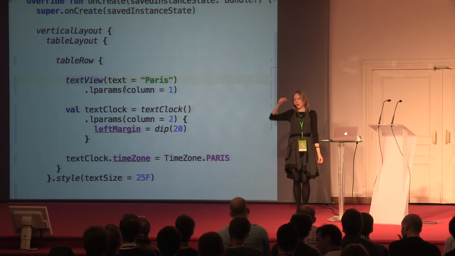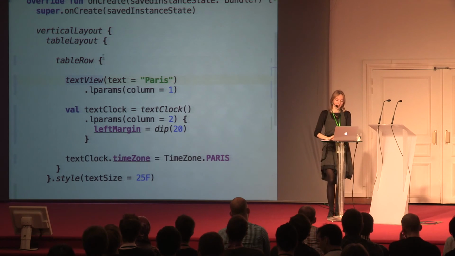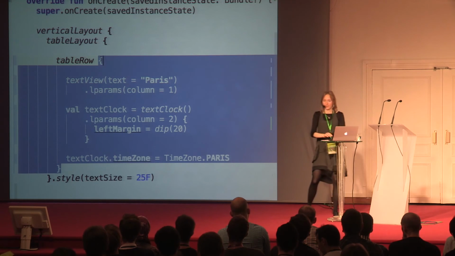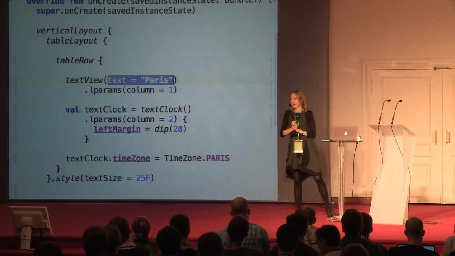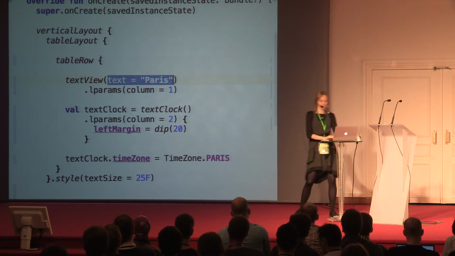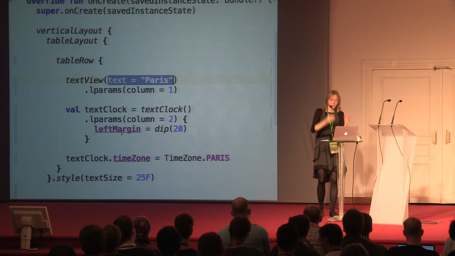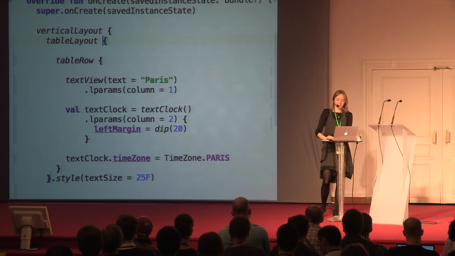And do you remember what I wanted you to memorize during the talk? Actually, this is a lambda. And this is like calling an argument with a name: text is the name, and Paris is the value. And what is this lambda as well?